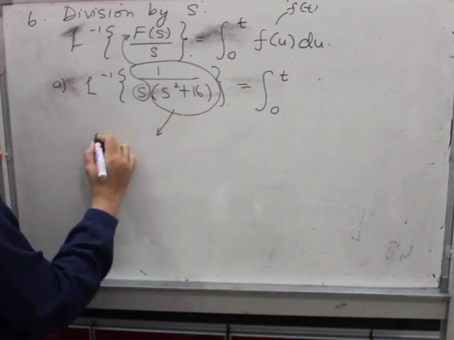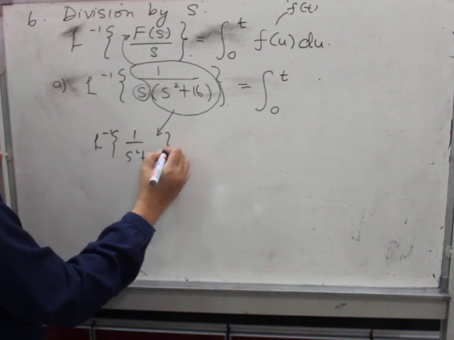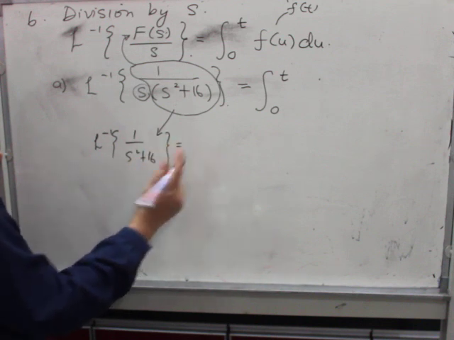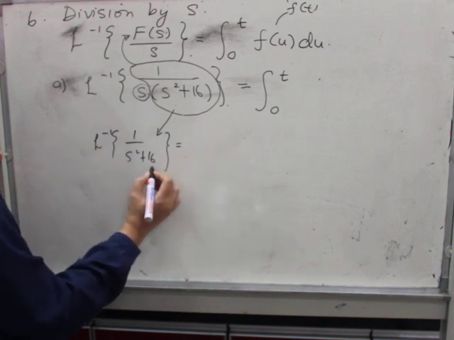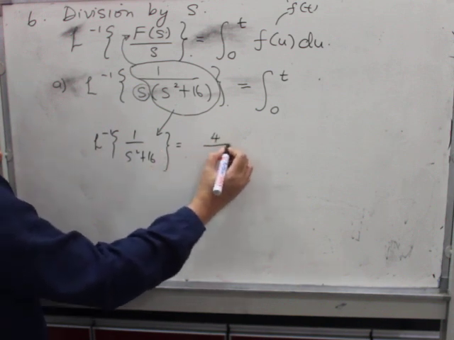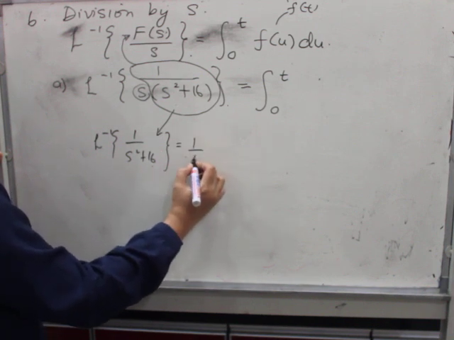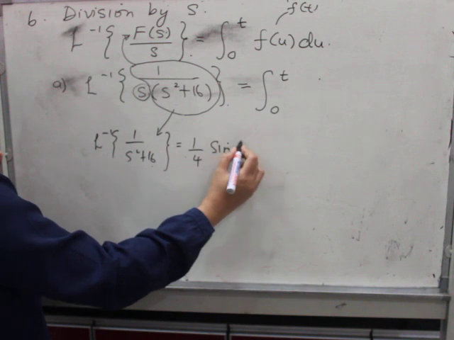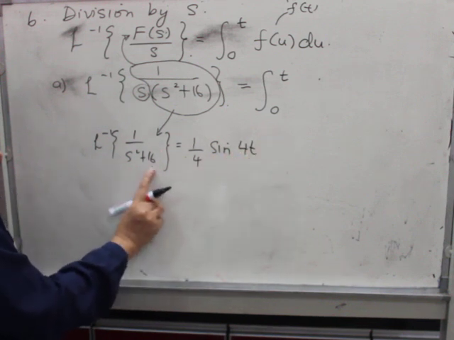So we inverse 1 over s squared plus 16. This is 4 squared, so a is 4, so 4 must be at the top.